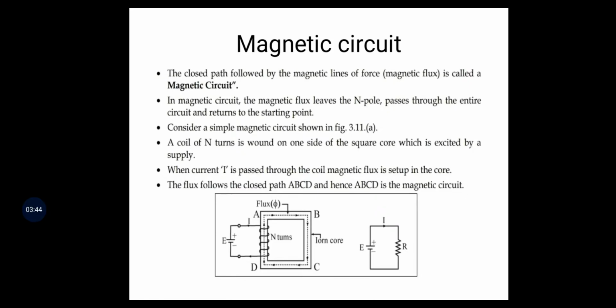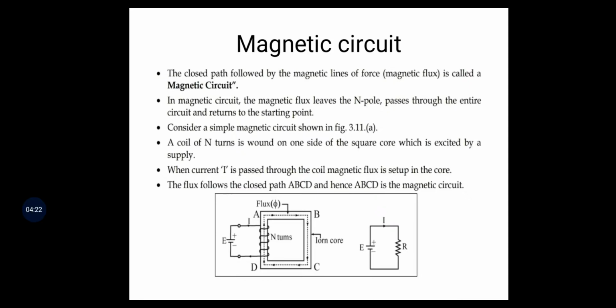The current I flows through the turns of the core. Then a flux is generated. This flux flows across the iron core, through the iron core.